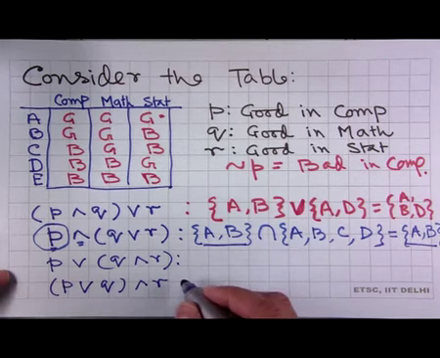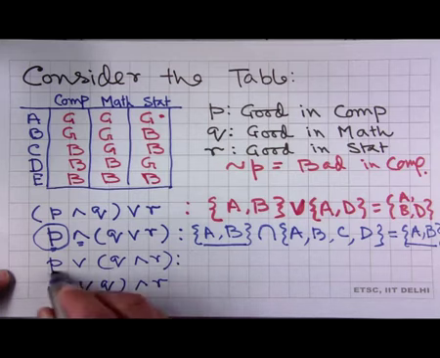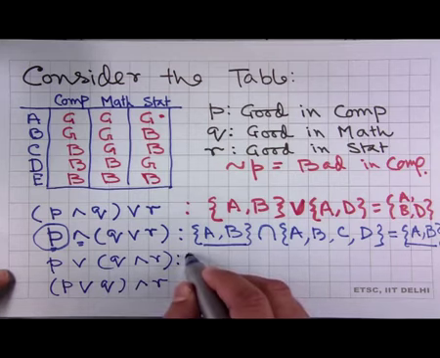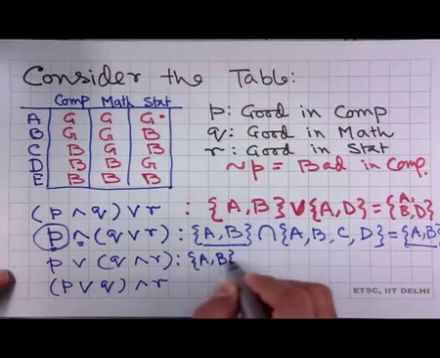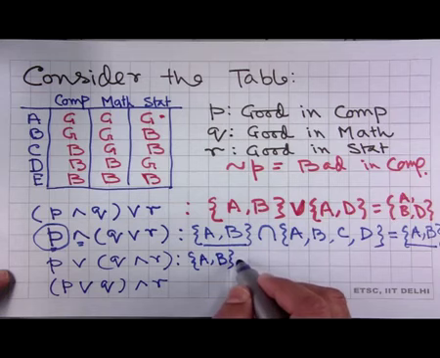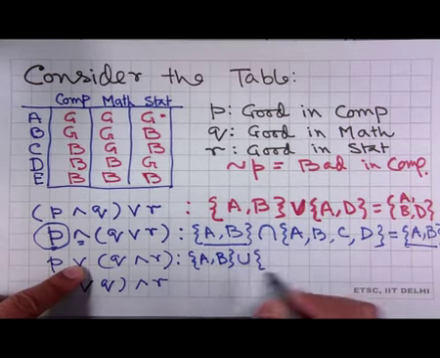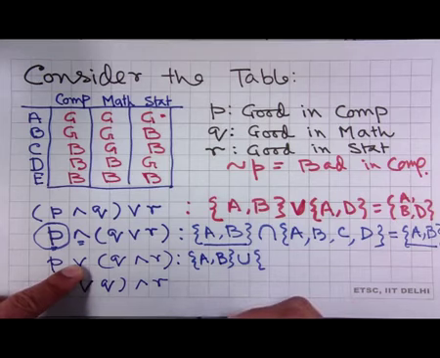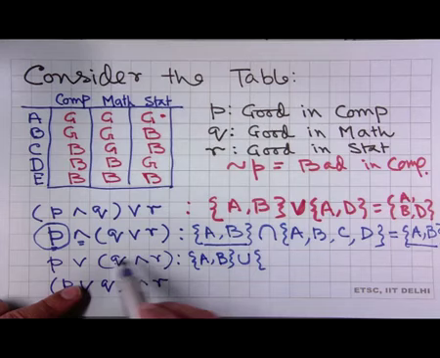P or (Q and R). So, P again the truth value is A, comma B, and because it is OR, we will have to take a union with Q and R. That means, all those who are good in both math and stat.